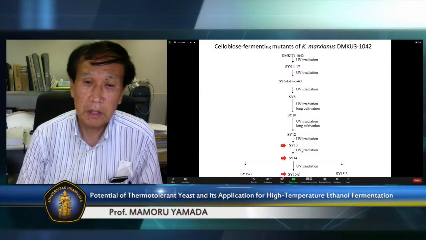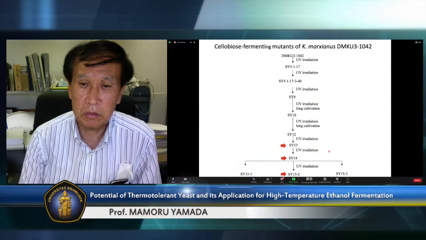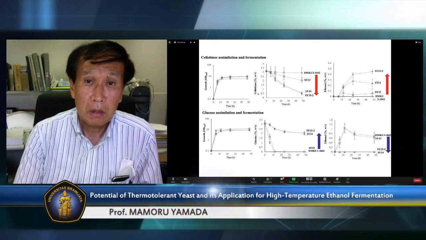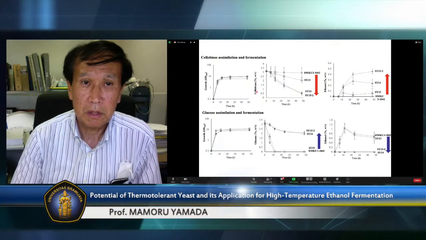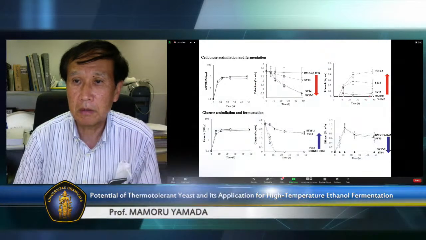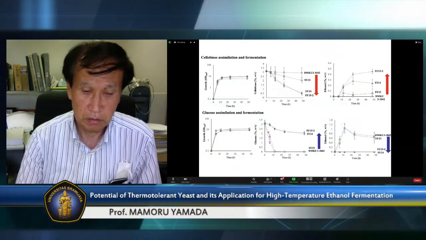After that, we screened the mutant with 2-deoxyglucose as a glucose analog. You can see cellobiose assimilation increased here, and then it produces ethanol. But unfortunately, glucose assimilation is reduced.